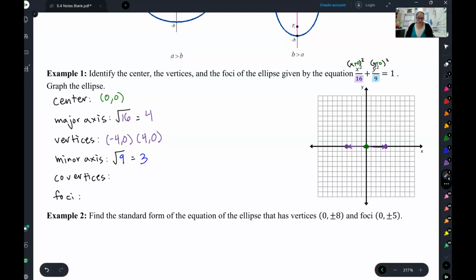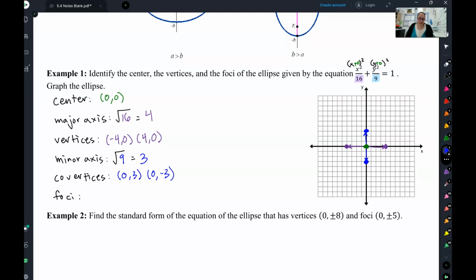And notice that this 9 was paired with the y, so that should be up and down, because y is always up and down. So I'm going to go 3 up and 3 down. And at the end of that is my co-vertices. So my co-vertices are at 0, 3 and 0, negative 3.